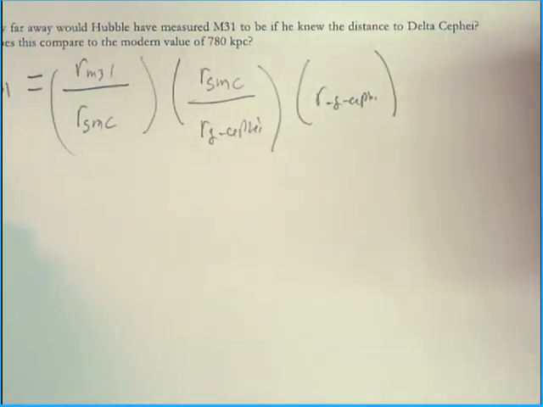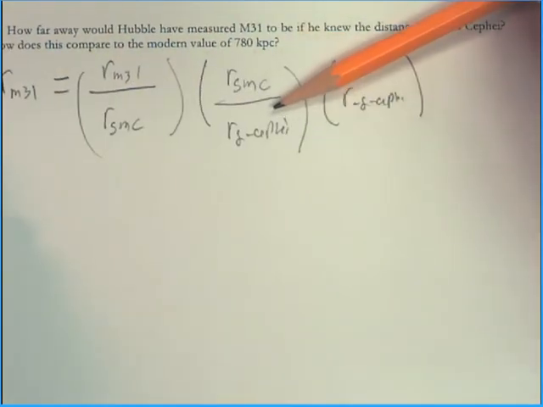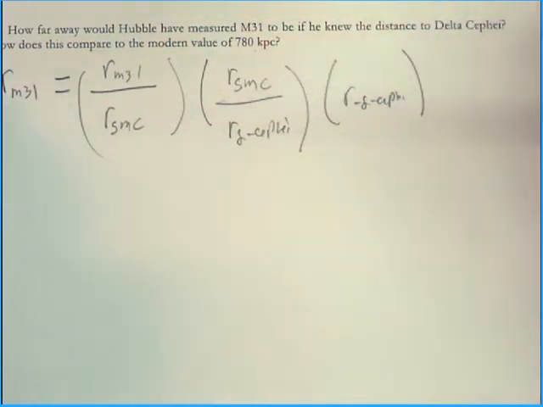Now Hubble relied on Leavitt's data, and he measured this ratio.